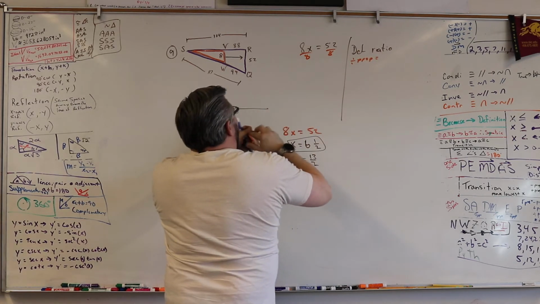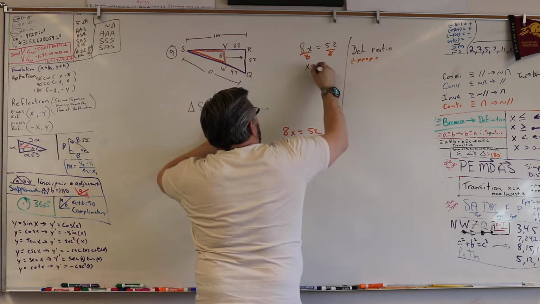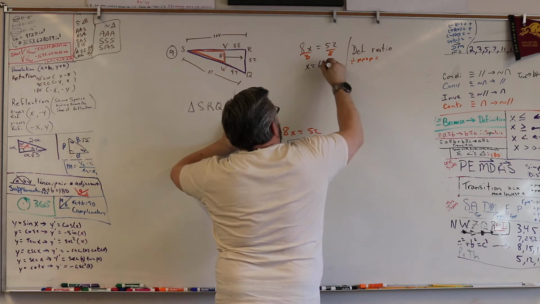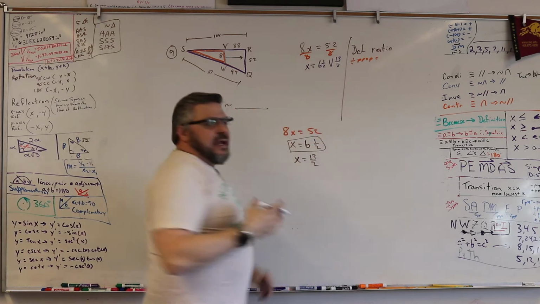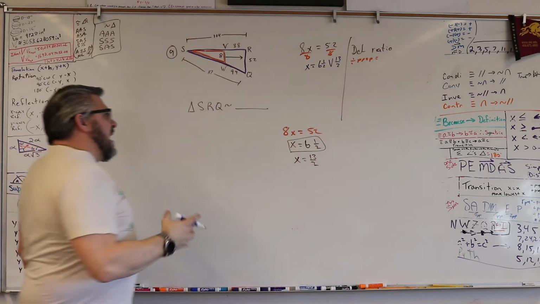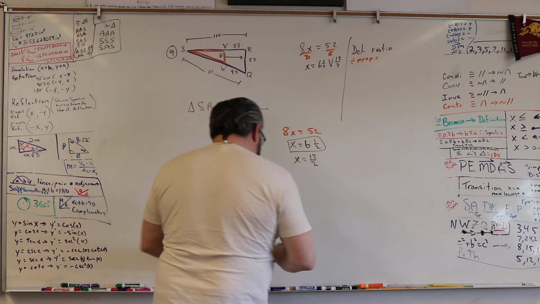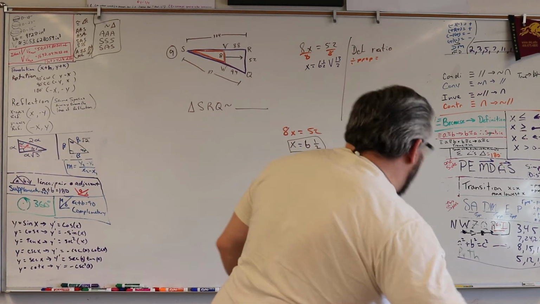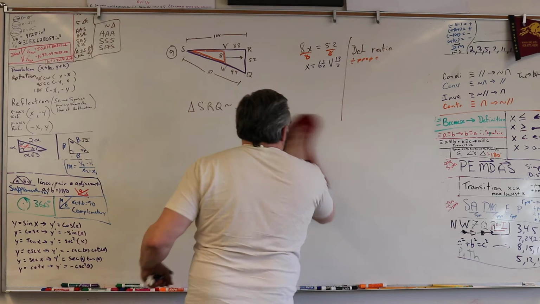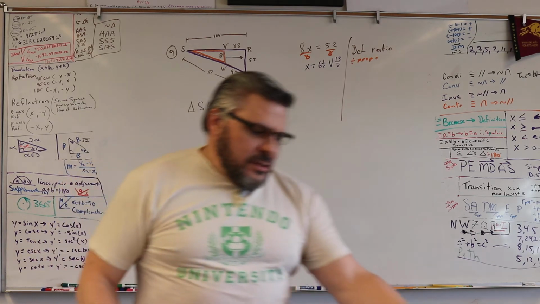And then we said x was equal to either 6.5 or 13 over 2. And that was the definition of a ratio, okay? Now, I can erase that part and get moving on some more.